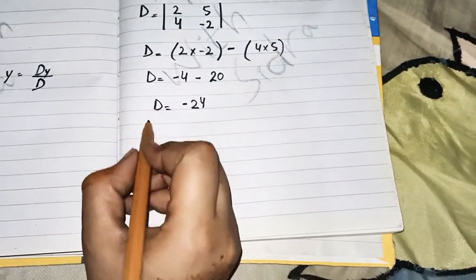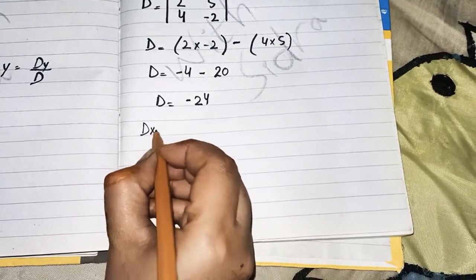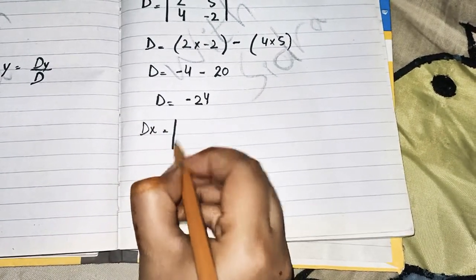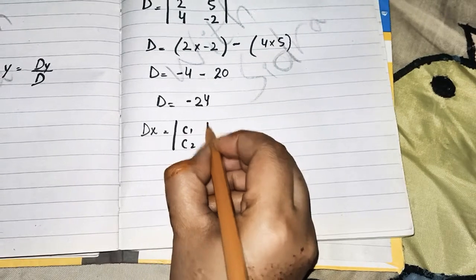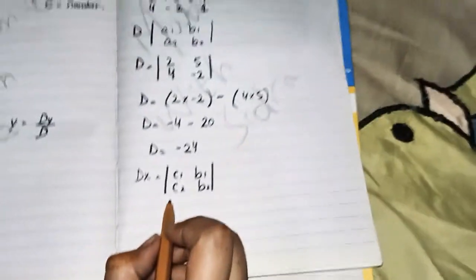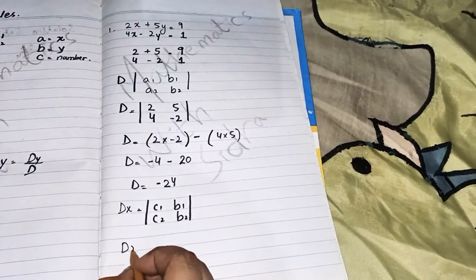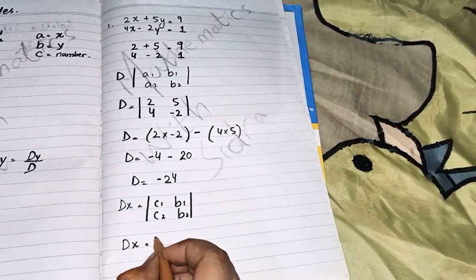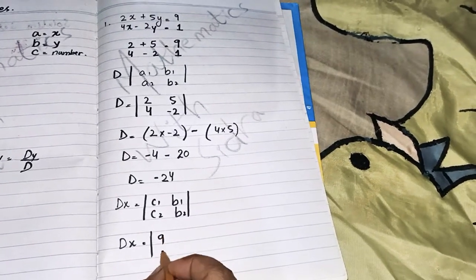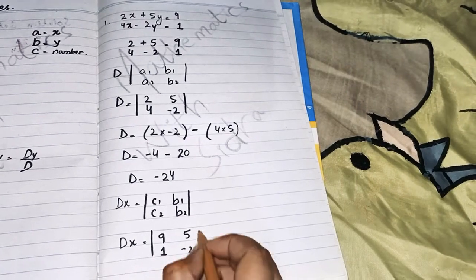Now move to the second step. Now we have to find out dx. Dx is equals to c1 c2 b1 b2. Now we have c1 and c2, so dx is equals to 9, 1, 5, minus 2.